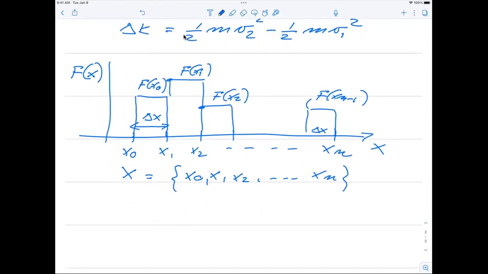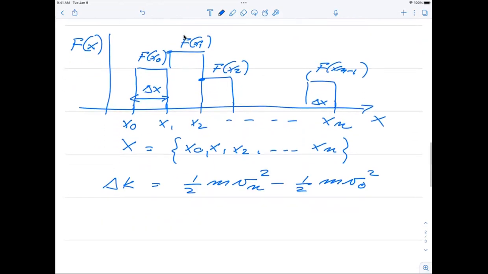We could now define a delta k, which is the difference between the kinetic energy at the final point and the initial point. We write this as 1/2 m v of n squared minus 1/2 m v0 squared, where v0 we could think of as the initial velocity. And this quantity here is going to be given by the sum from i equals 0 up to n minus 1 of the forces, which depend on x of i, multiplied with this fixed term delta x.